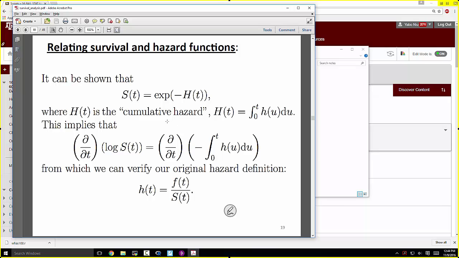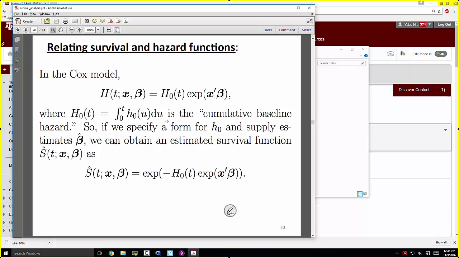Capital H is an integral from the left up to a particular time of the hazard. So it's like an accumulation of the hazards, those instantaneous risks, up to a given time. Survival probability equals e to the minus that. And from that, we can work our way back from a fitted regression model to an estimated survival curve.